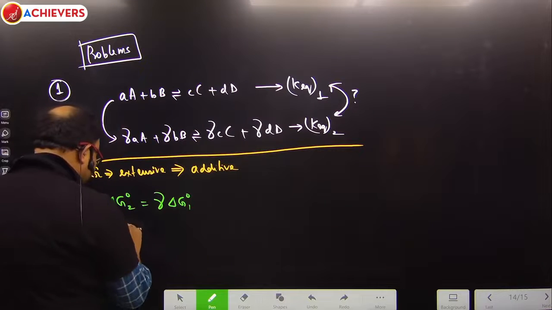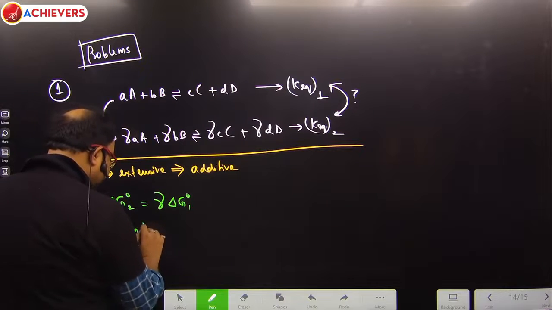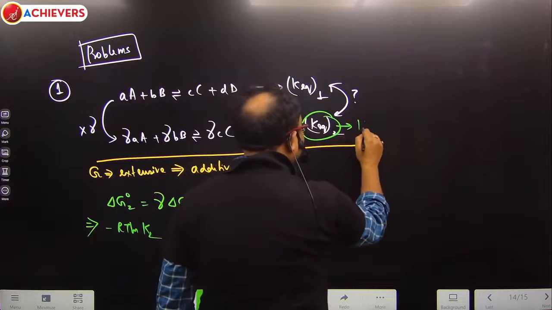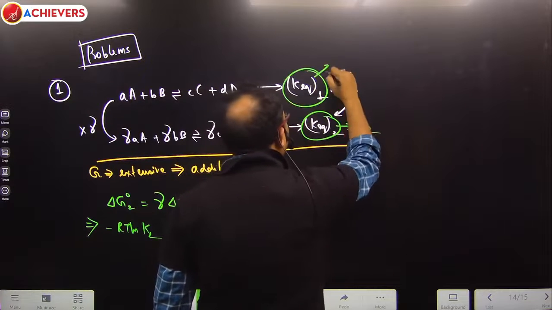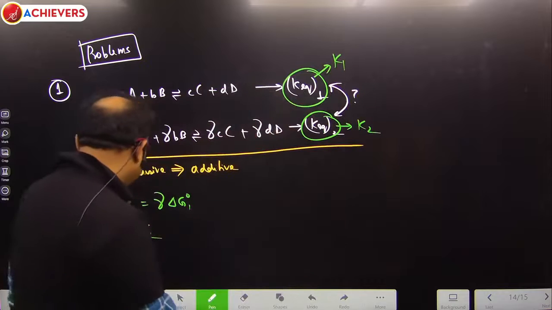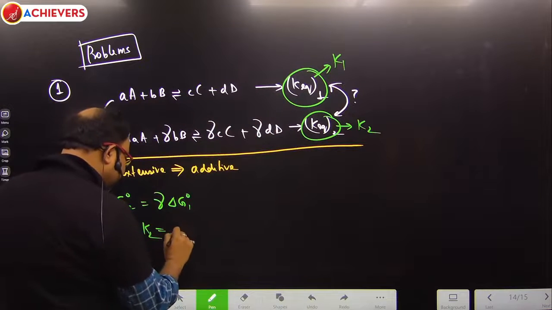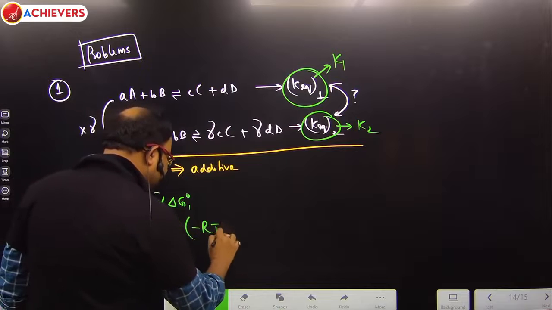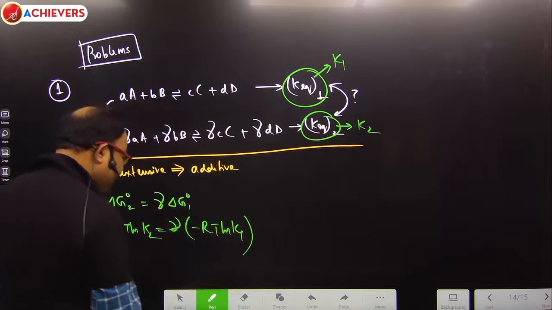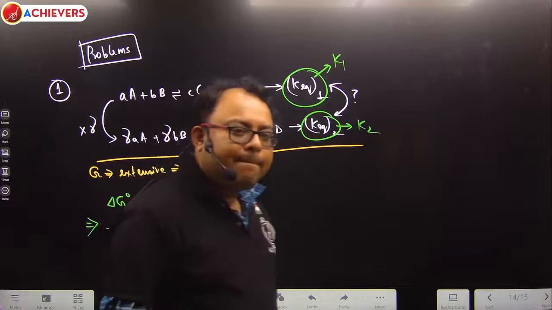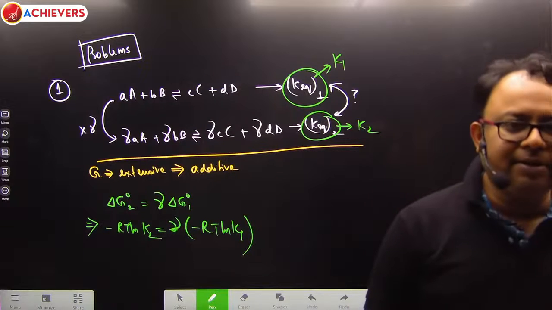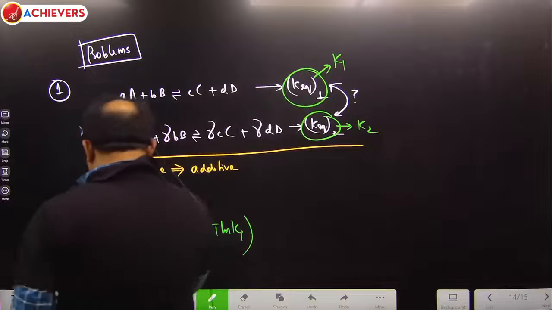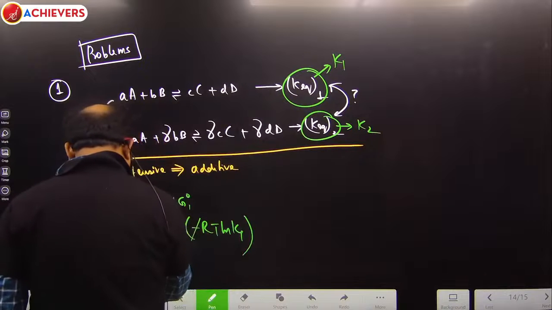So this is minus RT ln K2. Let us write K equilibrium 2 as K2 for simplicity and K equilibrium 1 as K1 for simplicity. So minus RT ln K2 equal to gamma times minus RT ln K1. We have used the expression delta G0 equal to minus RT ln K. Now minus will cancel out, RT will cancel out.